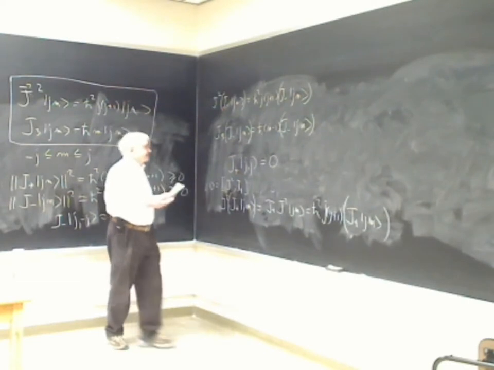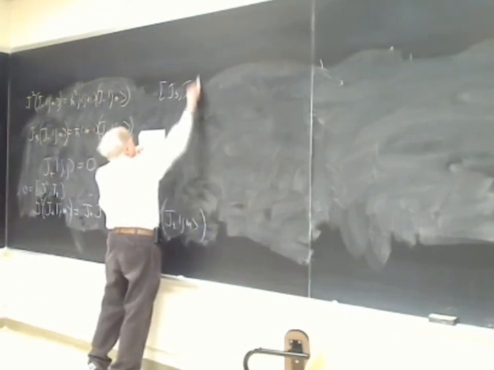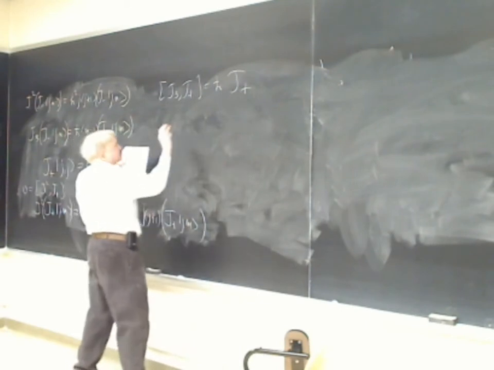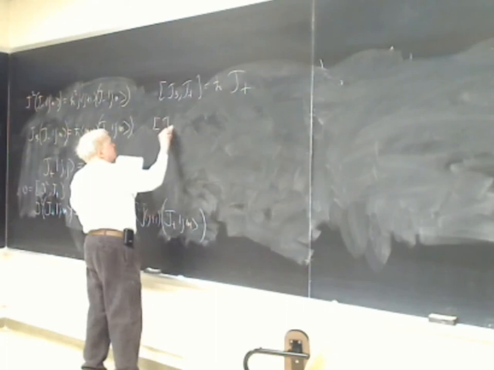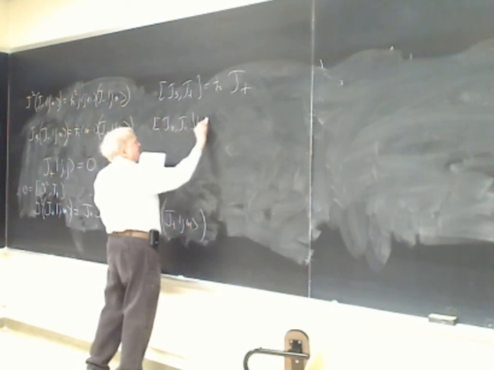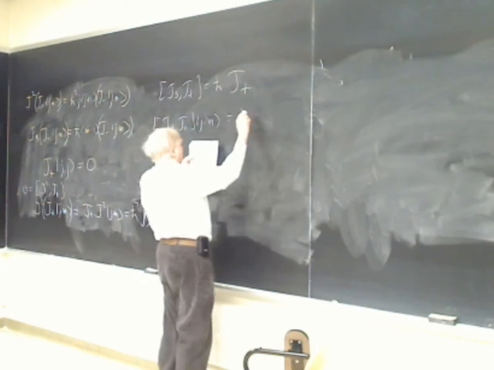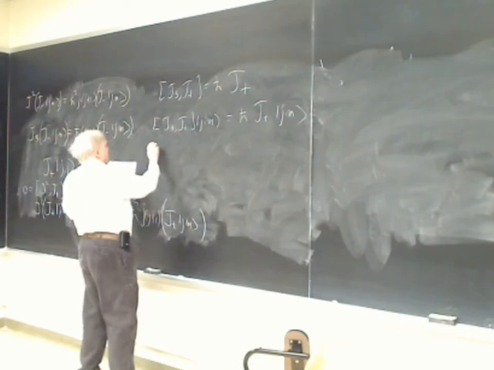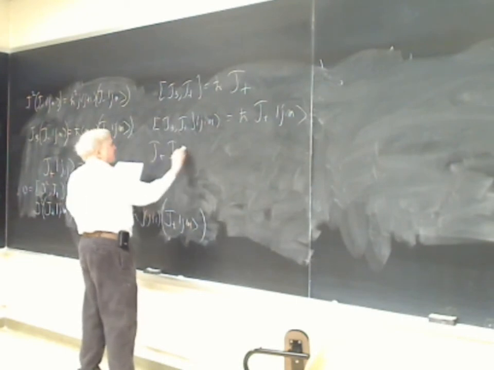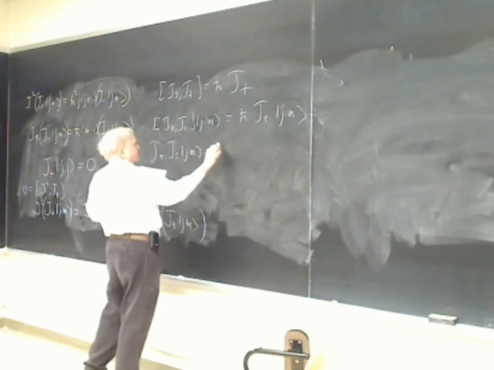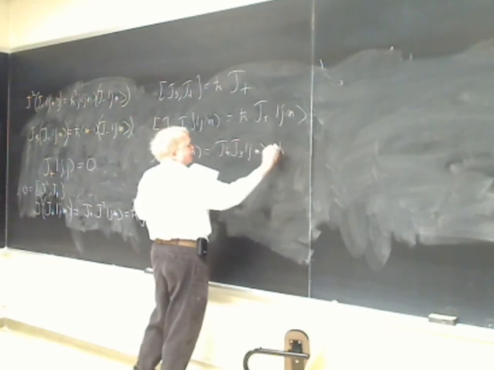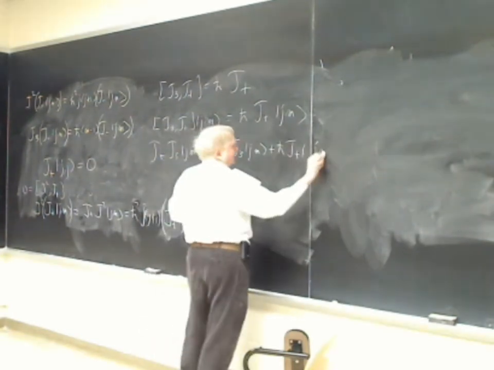Okay, the next is to use the fact that the commutator of J3 and J plus is ħ J plus. And then we apply that to the state Jm, and we get J3 J plus on Jm equal to J plus J3 Jm plus ħ J plus Jm.